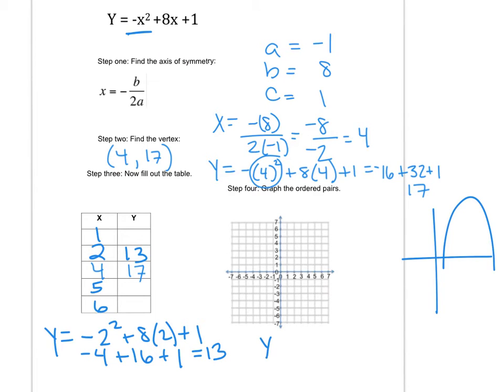If we do the same thing with 1, you'll have -1 plus 8 plus 1, and so that ends up being positive 8. And if you go back and forth, if we plug in 5, you'll get 13. If you plug in 6, you'll get 8.